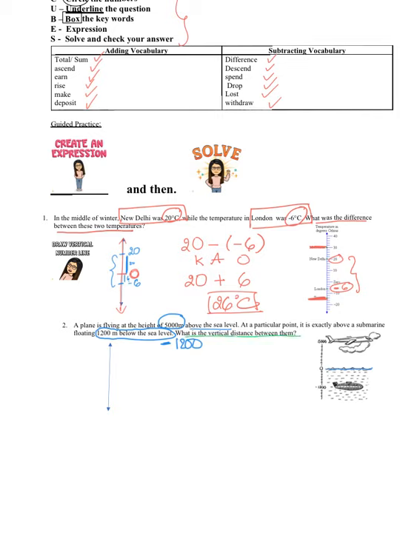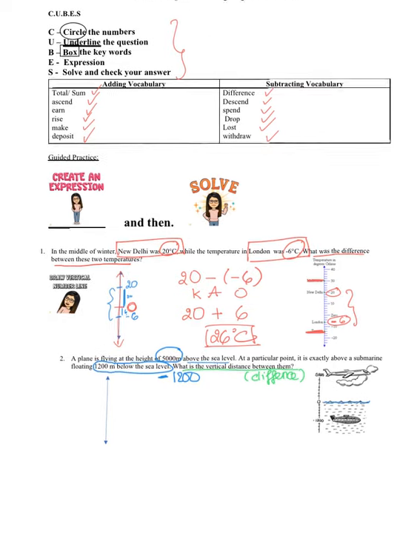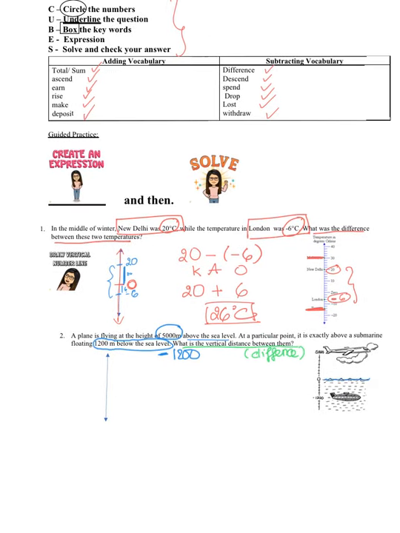Vertical distance, another way to say it, what is the difference between those two locations? I'm going to box the keyword. We can say the height is the keyword, and we're looking for the vertical distance, so that's a keyword as well.